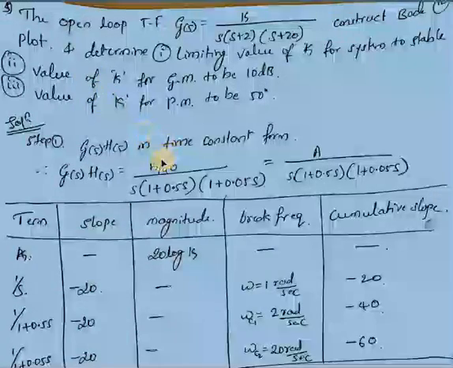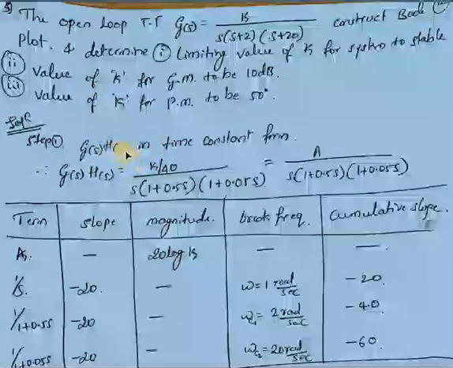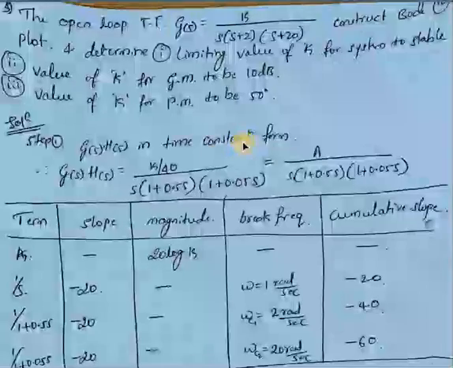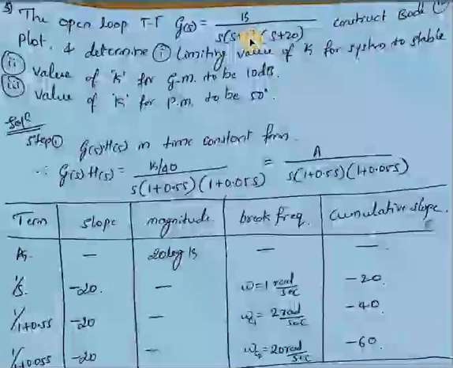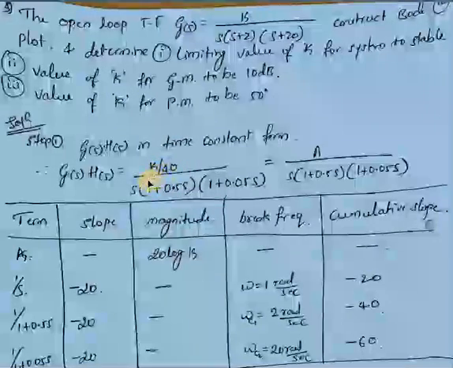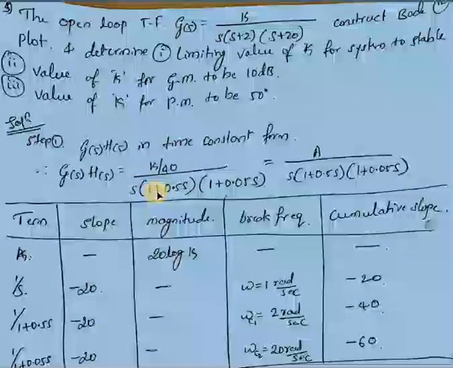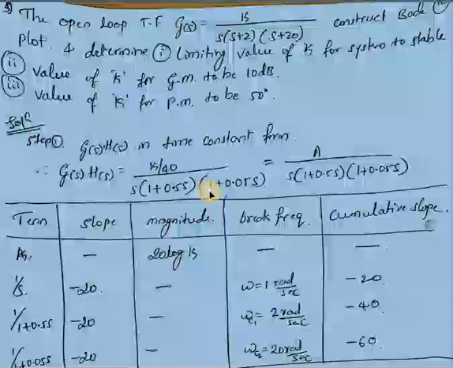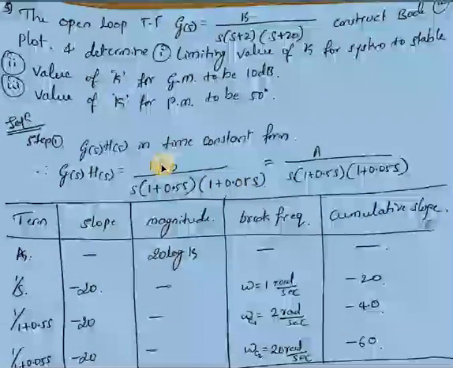That is, G(s)H(s) in the time constant form. We can write it as, taking 2 from this and 20 from this, K by 40 divided by s into (1 plus 0.5s) into (1 plus 0.05s), where I will resubstitute this K by 40 as A here.